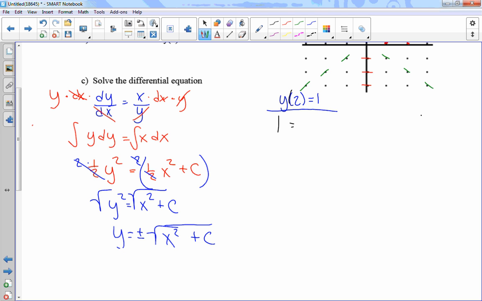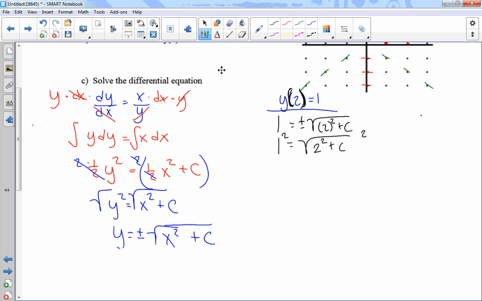1. So this 2 would be x, plus or minus square root of 2 squared plus c. And actually, in this case, we're looking at the positives because y of 2 is positive, so we only have to look at the principal root, 2 squared plus c. And if we solve it, square both sides, because we're only looking at the first quadrant.